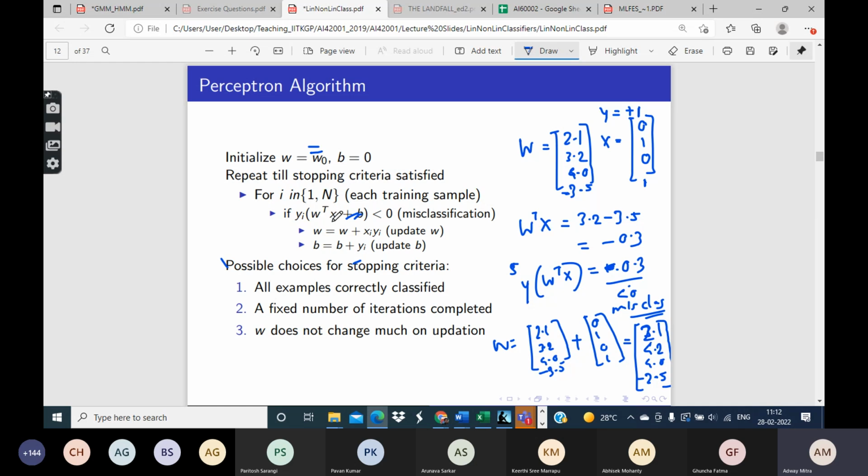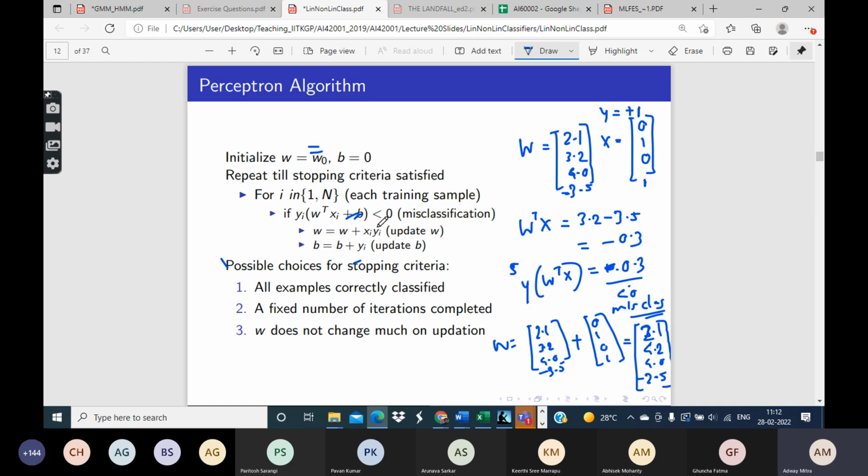Whenever this product is negative, as already discussed, that means there is a misclassification. The predicted and the actual signs are not matching. So we will update the W vector in this way: W is equal to W plus Xi times Yi.